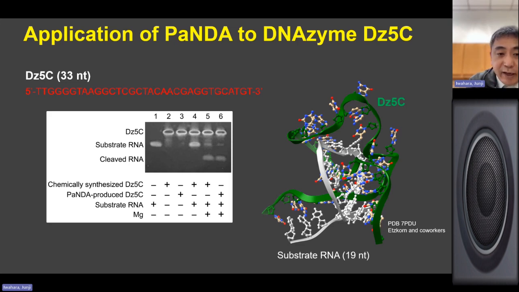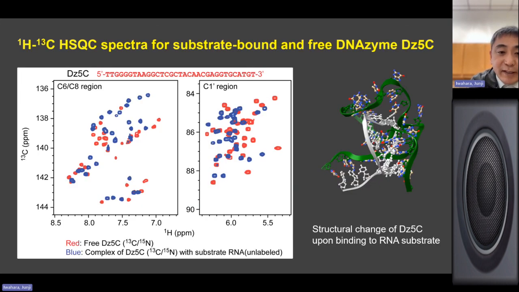And we measured NMR spectra for the free state and substrate bound state for this DNA enzyme. And here, this is an overlaid spectra for the free DNA enzyme and complex with the substrate RNA. As you can see, the spectra are very different, reflecting the structural change of the DNA enzyme upon binding to RNA substrate.